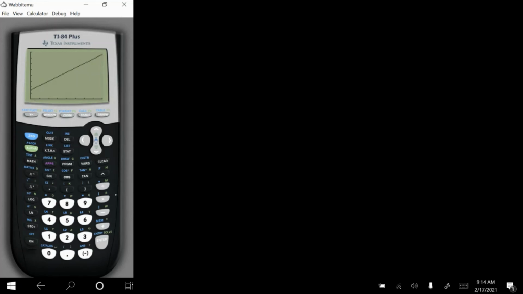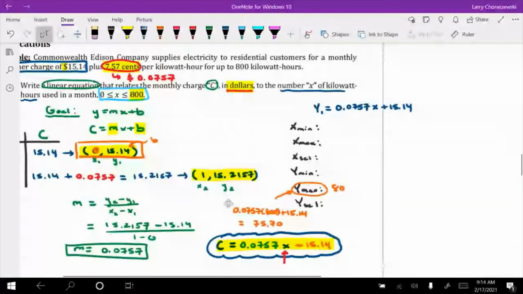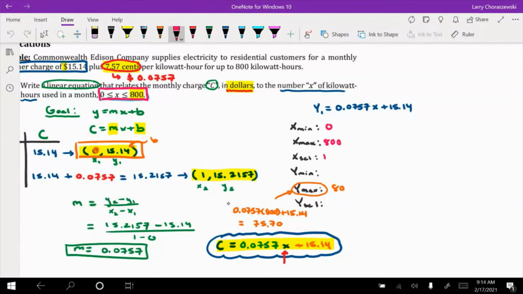All right. So I'm going to go back to the notes and just sketch this out as best as I can. I'll indicate the rest of the window settings. X min was 0, X max was 800. And again, we got those values from this compound inequality as part of Part A's instructions.